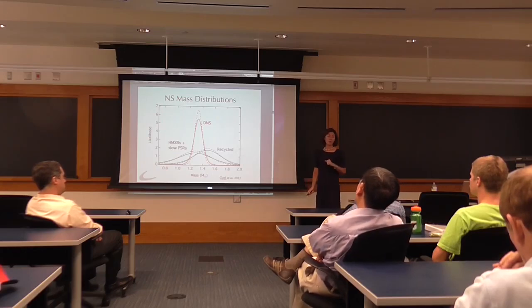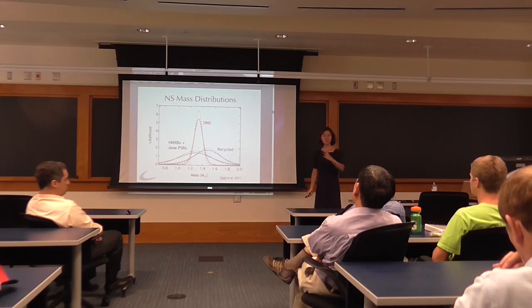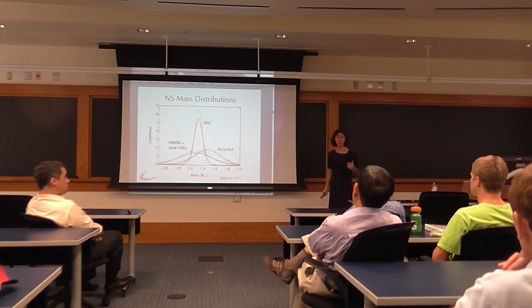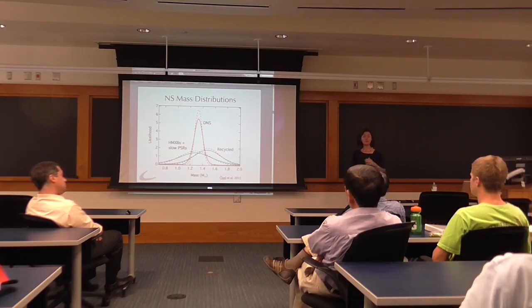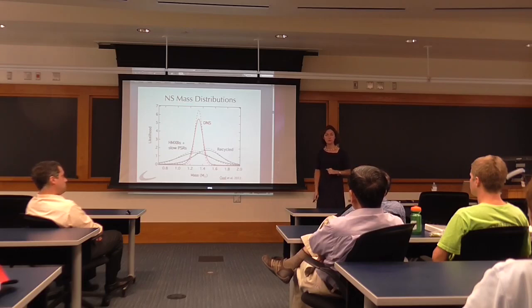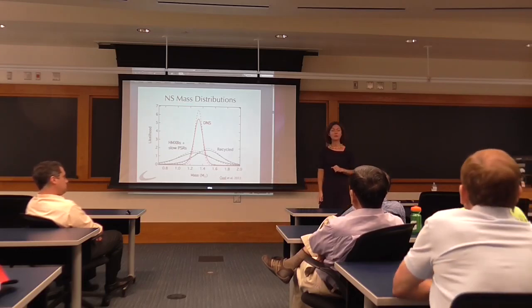So this could be due to the magnetic field of the neutron star. It could be due to other processes that affect accretion onto neutron stars. But it seems that when you find a neutron star with a white dwarf companion or a low mass X-ray binary, really they haven't gained all that much mass. What you would expect from, for example, Bondi rates or other simple estimates.